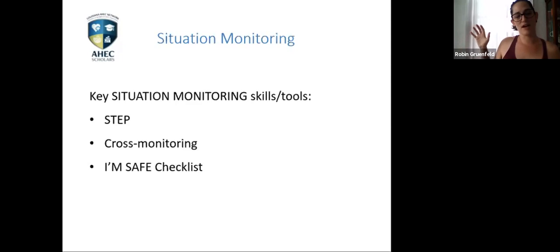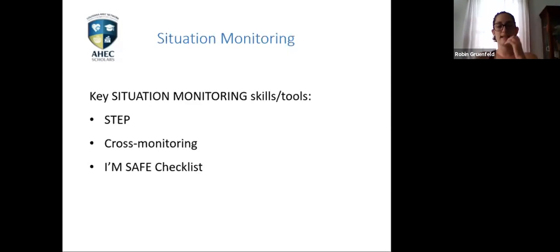All right, situation monitoring. So we have 3 skills for situation monitoring: STEP, cross monitoring, and the I'm safe checklist. Situation monitoring is the process of actively scanning and assessing situational elements to gain information or understanding, or to maintain awareness to support team functioning. This enables team members to identify potential issues or minor deviations.